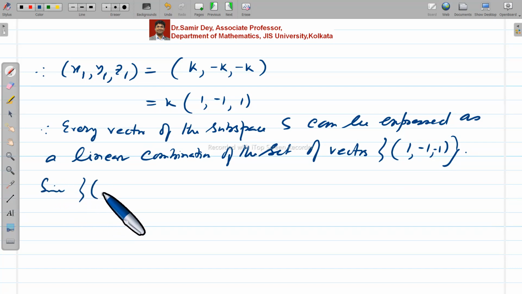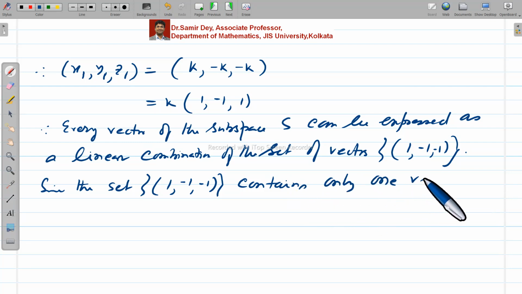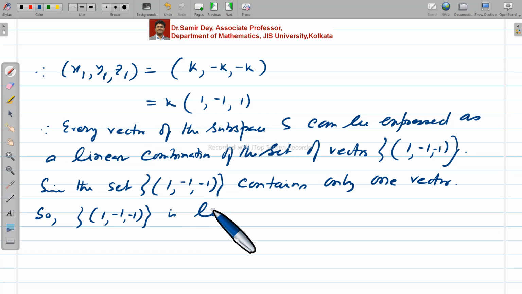Since the set {(1, minus 1, minus 1)} contains only one vector, (1, minus 1, minus 1) is linearly independent.